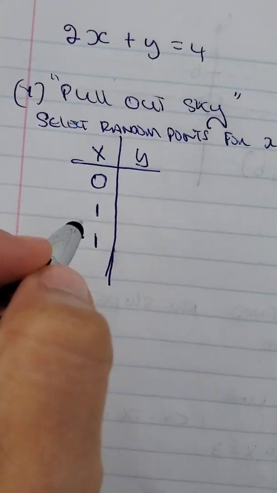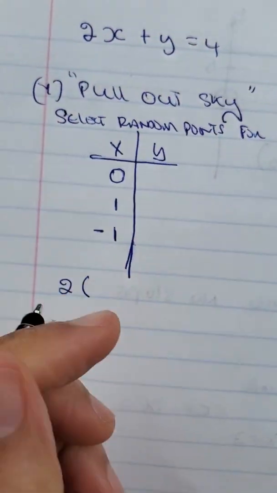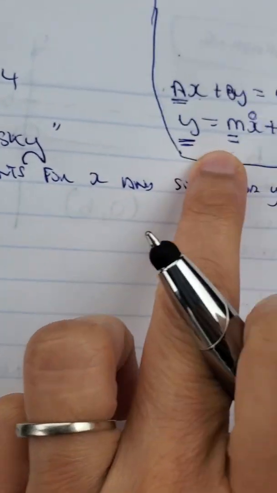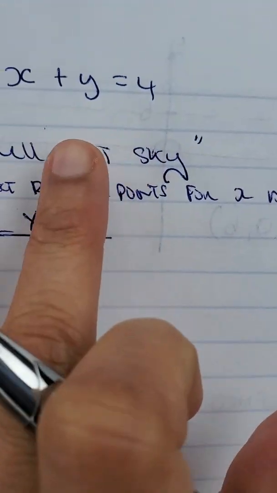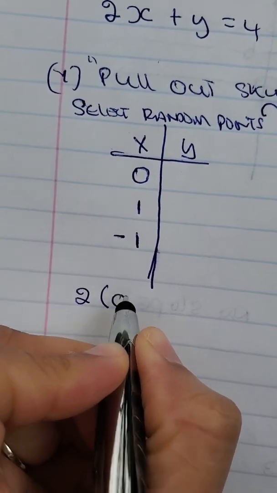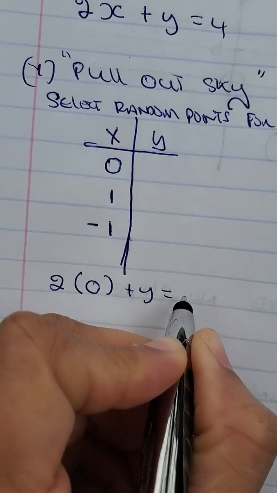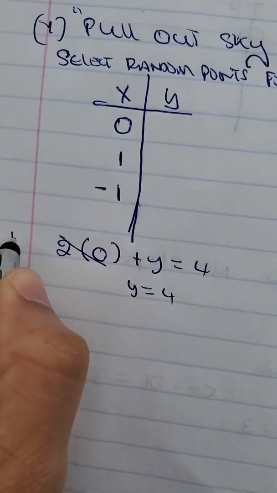I'm going to select random values for x and plug them into my equation over here. Notice I didn't have to convert into the slope-intercept form. I can just find random points right in the general form. I'm starting with 0, and it shows me that my y will equal 4. So that's one of my points.